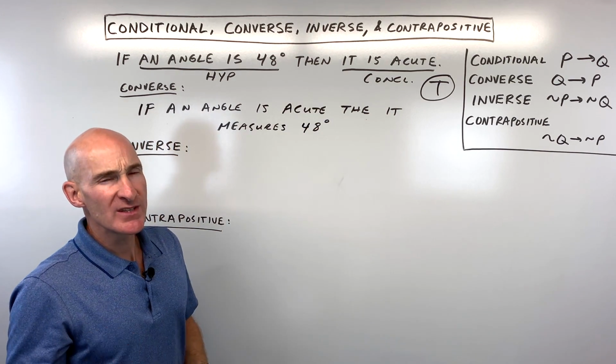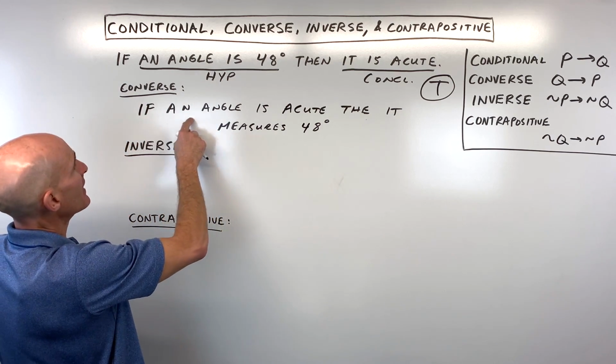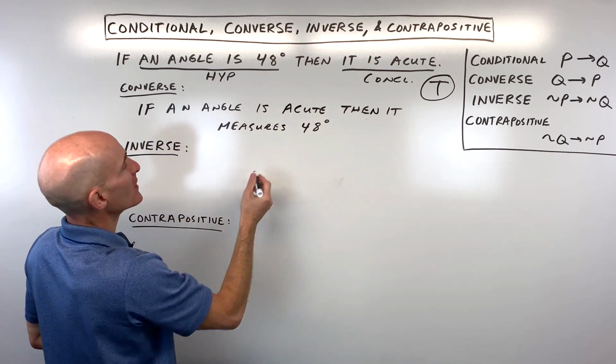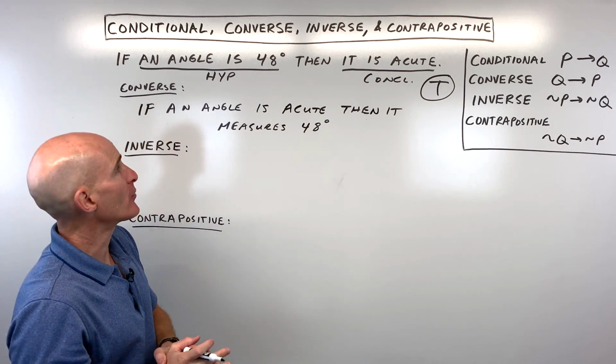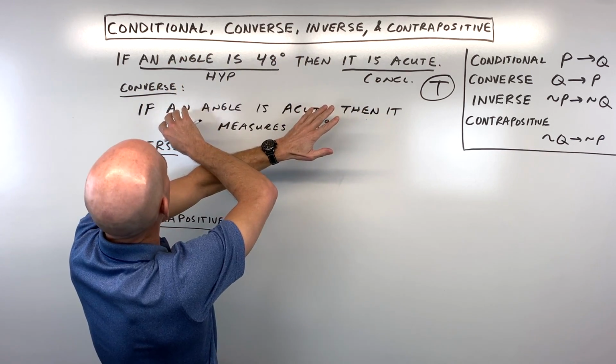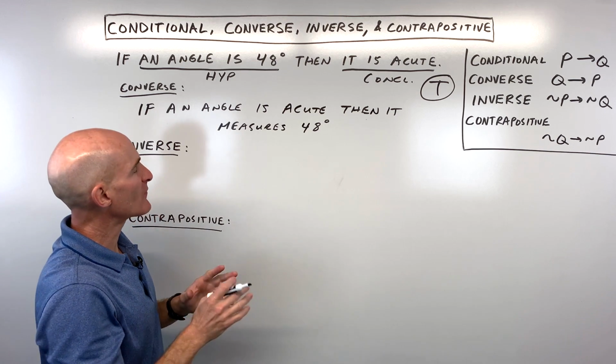Now, you can see here that I had to adjust the wording a little bit, just to make it read better. If I just switched them, if I said if it is acute, then an angle is 48 degrees, it might not read quite as nice. So you have to adjust it a little bit.